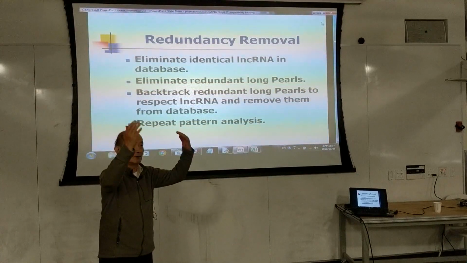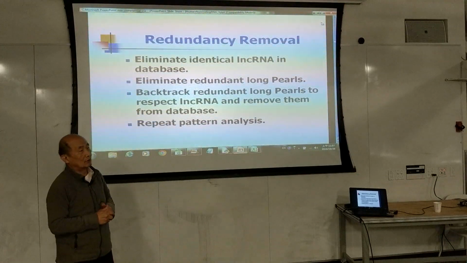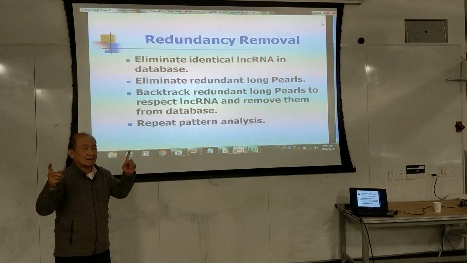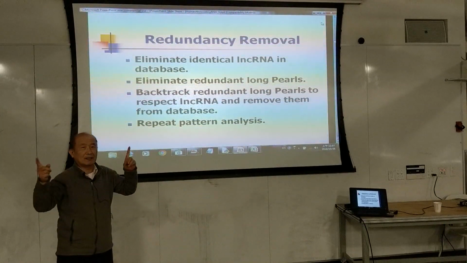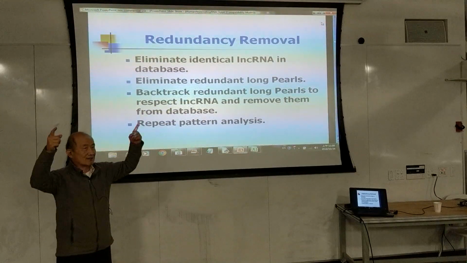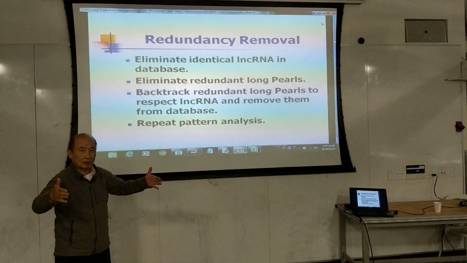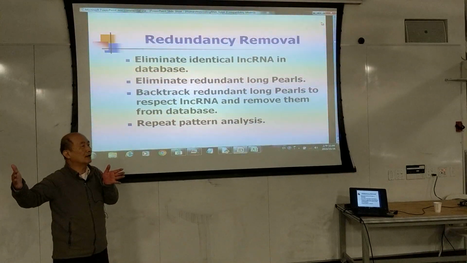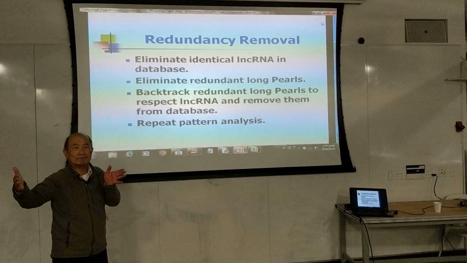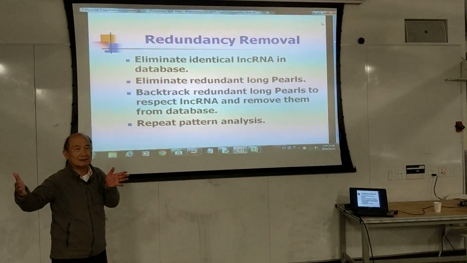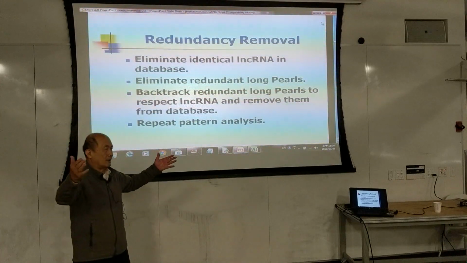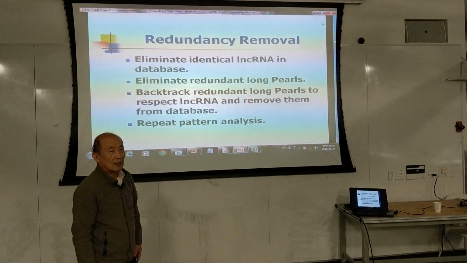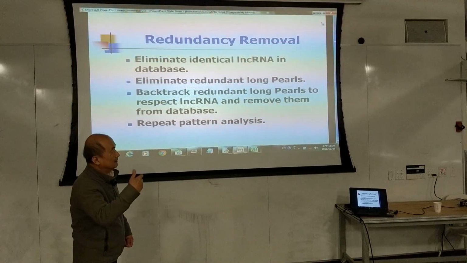But what happens if the repeats are not exactly the whole thing from end to end? If it's shifted by one nucleotide, you're in trouble. You cannot find it. If two big repeats are just displaced by one nucleotide, then you cannot use remove duplicates in Excel or in Python.